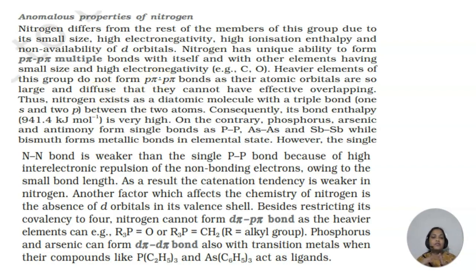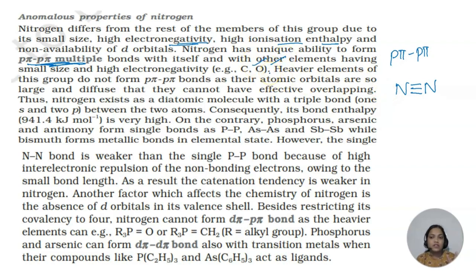Now let's discuss some anomalous behavior of nitrogen. Nitrogen differs from the rest of the members because of small size, high electronegativity, high ionization enthalpy, and most importantly, non-availability of d orbitals. Nitrogen also has the ability to form p-pi multiple bonds. You know nitrogen has a triple bond in it. Not just with itself, it can form these p-pi double and triple bonds with elements of small size and high electronegativity like carbon and oxygen.